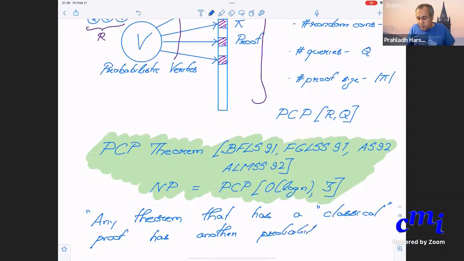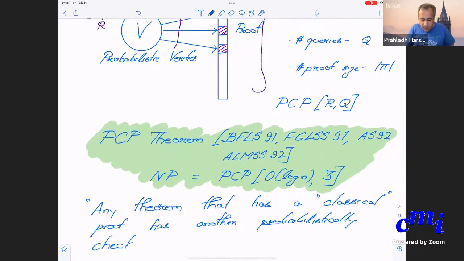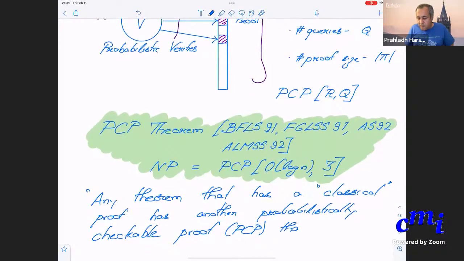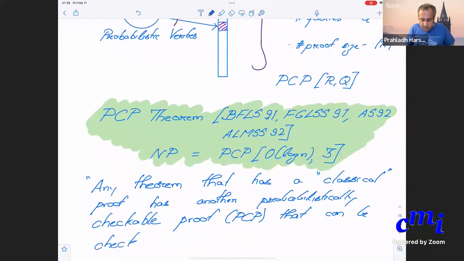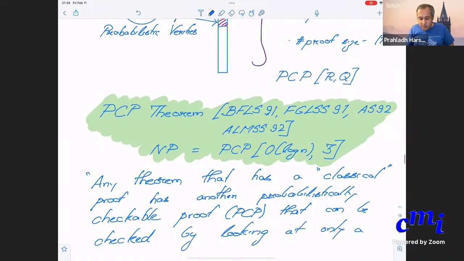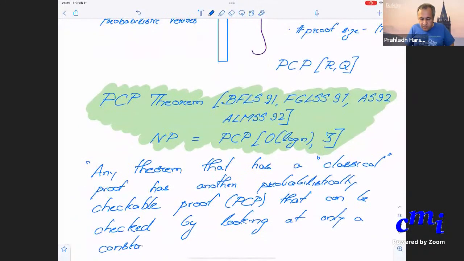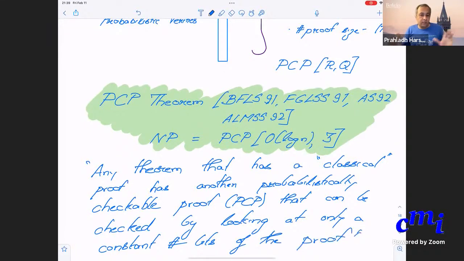That is, you can write another proof for the same statement, what's called the PCP, that can be checked by looking at only a constant number of bits of the proof. That's what this statement means.